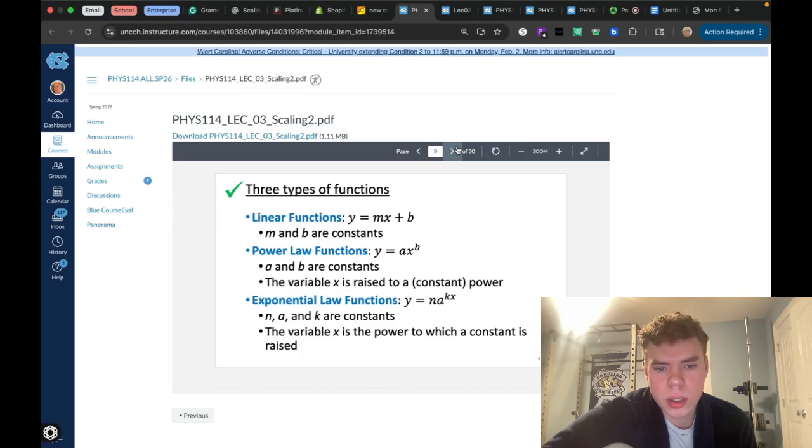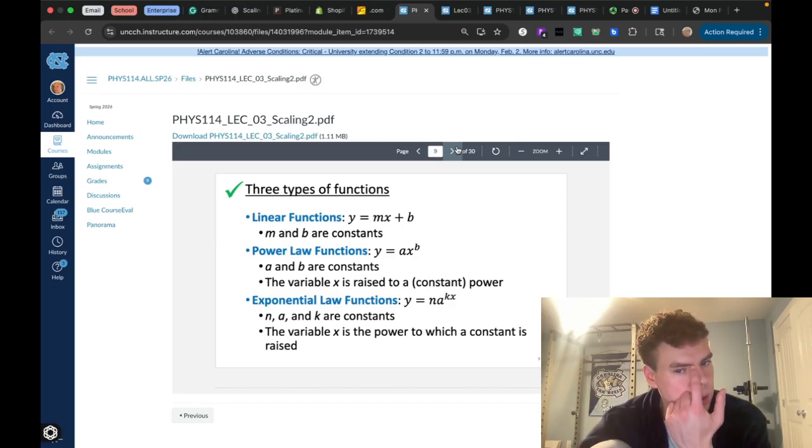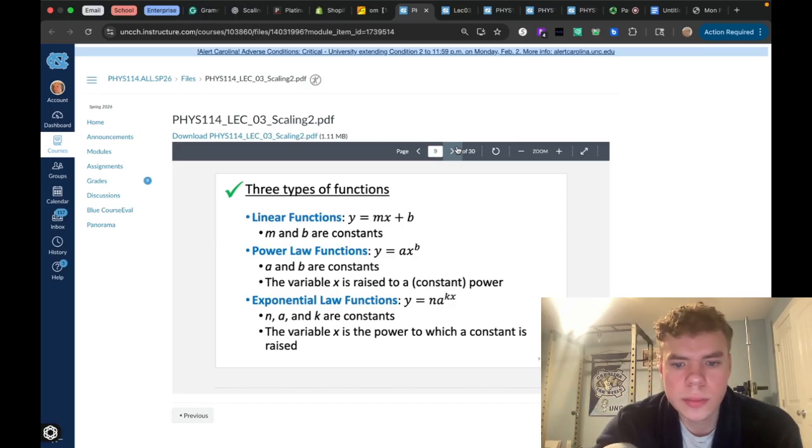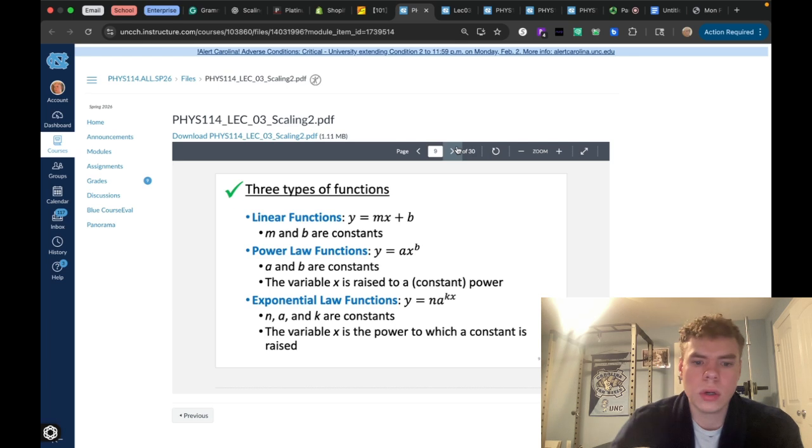And exponential law: y equals n a to the kx, and n, a, and k are constants.